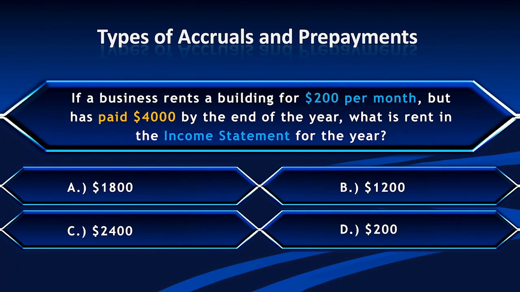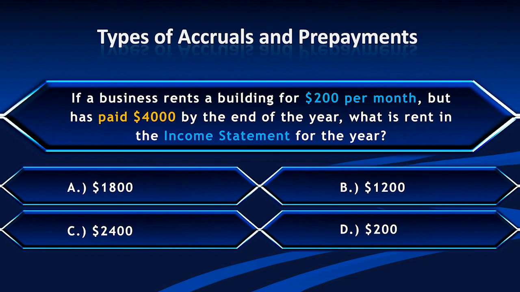If a business rents a building for $200 per month but has paid $4,000 by the end of the year, what is the rent in the income statement for the year? If you've noticed, it's the same information as the question before, but they're asking for something different. They're not asking for the adjusting entry, they're asking for what goes into the income statement.